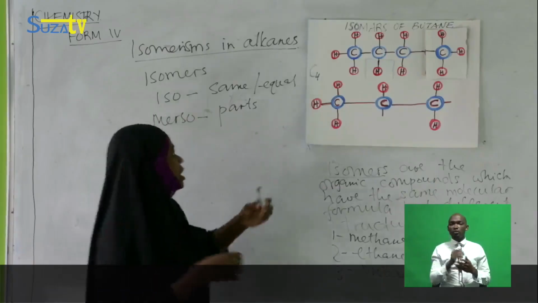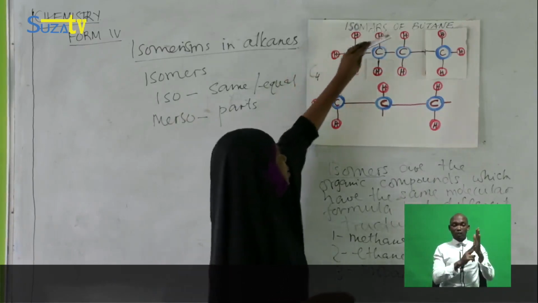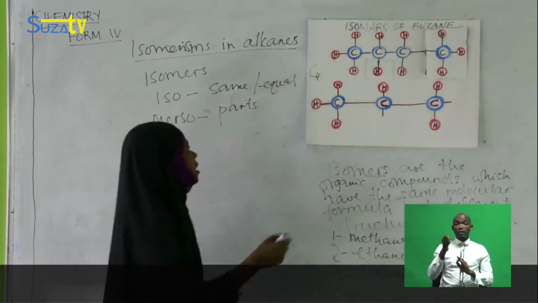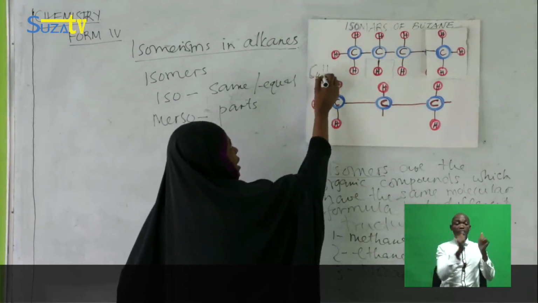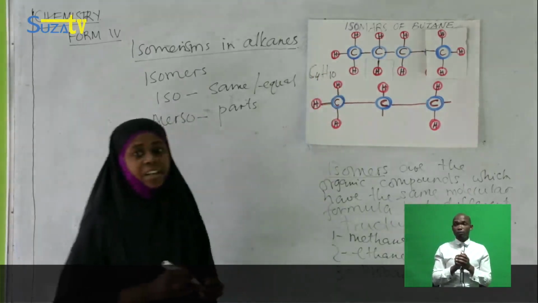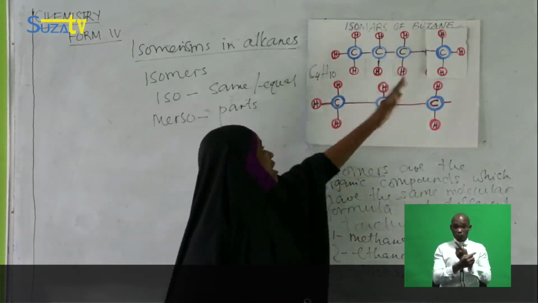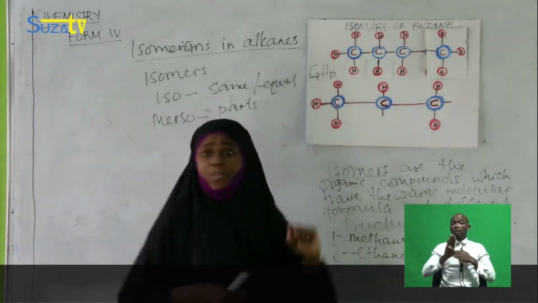Let us count together again. 1, 2, 3, 4, 5, 6, 7, 8, 9, 10. Good. In butane, there are 4 carbons and 10 hydrogens, right? So let us look if we can change the structure, or obtain all the structures from this butane.